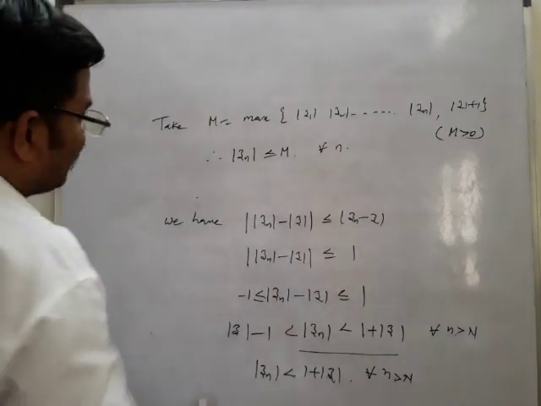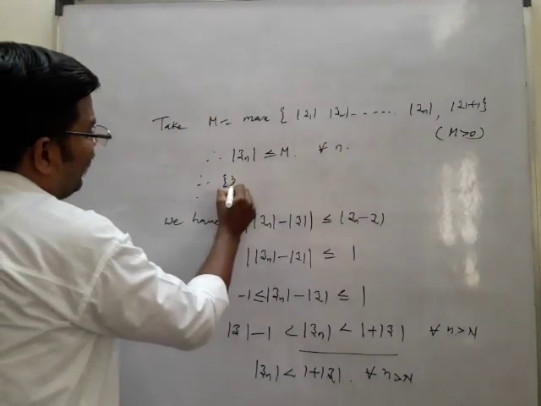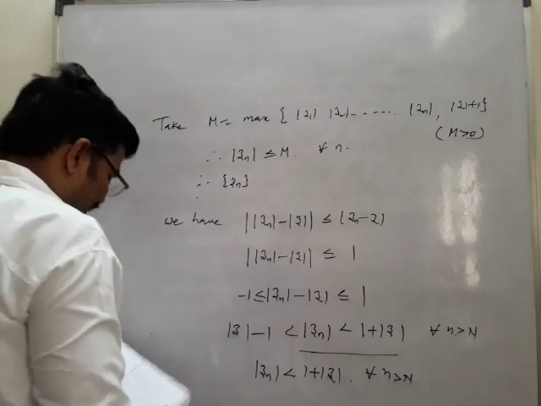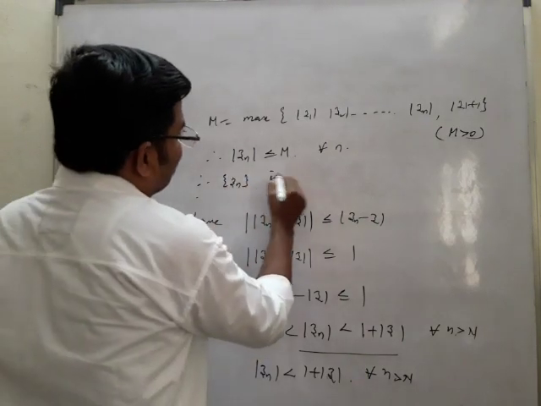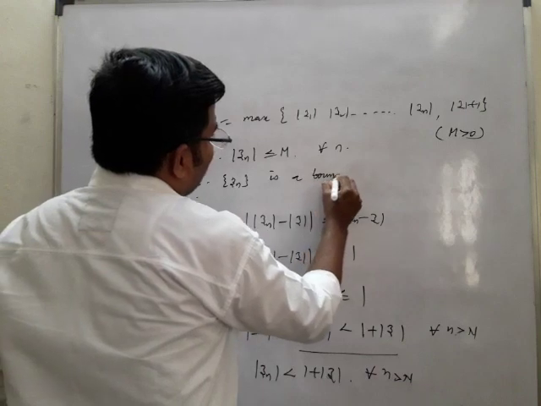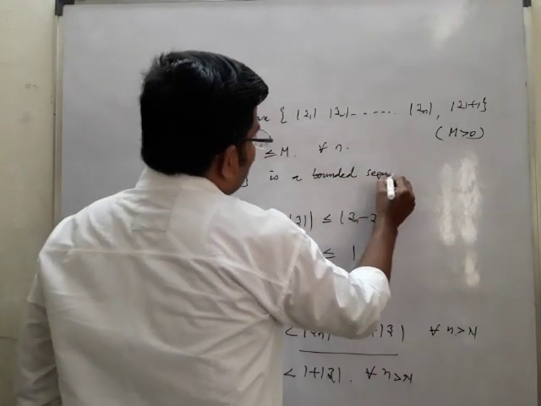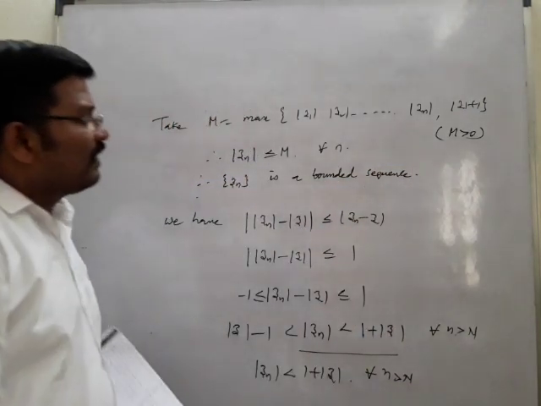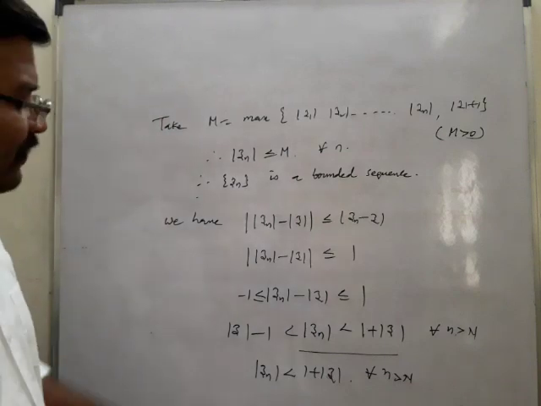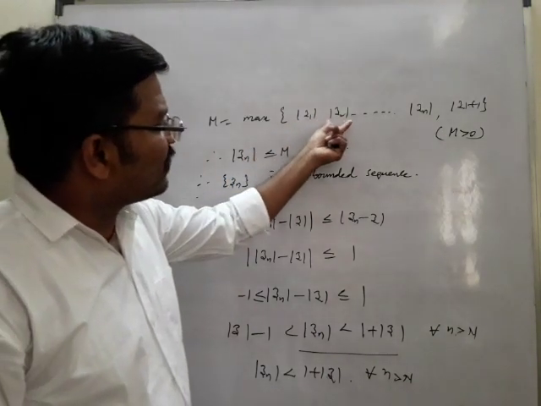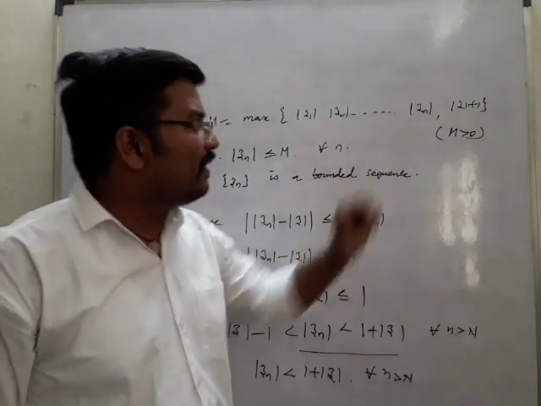Therefore the sequence Zn is a bounded sequence, because we have chosen all such values: mod Z1, mod Z2 and so on, mod ZN and mod Z plus 1.